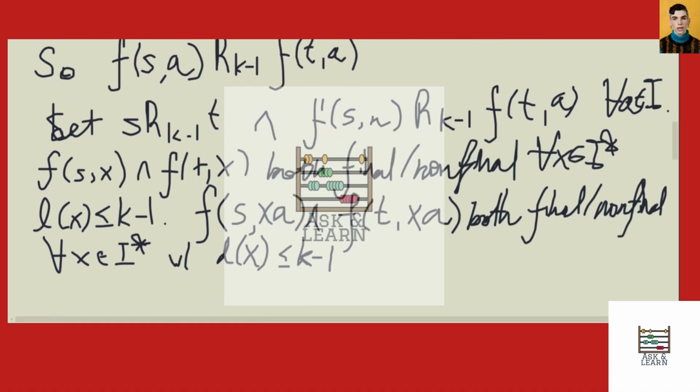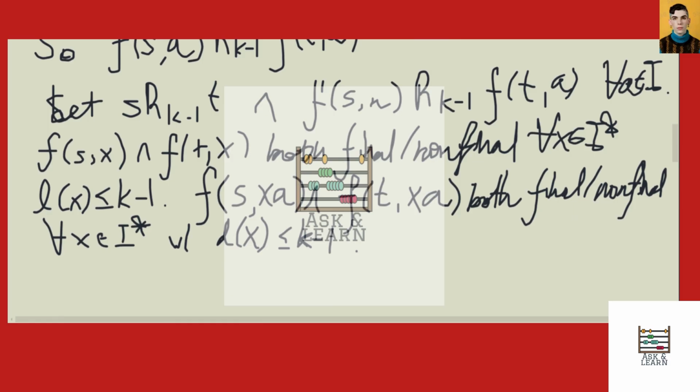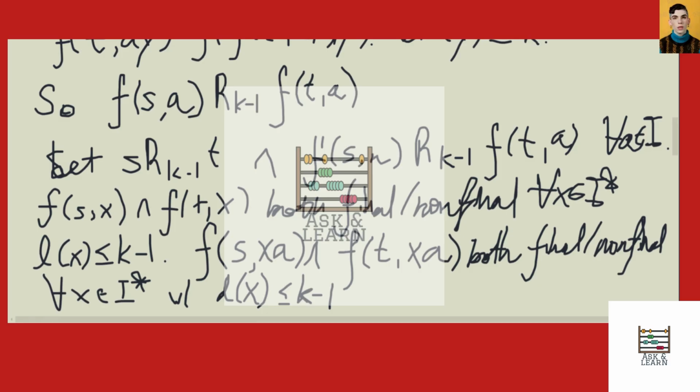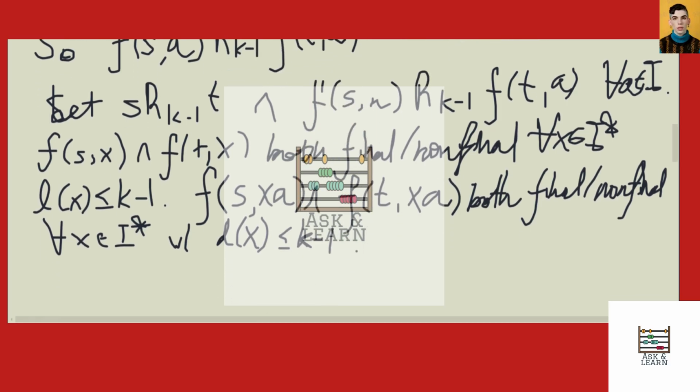This is because f of s xa is equal to f of s a x, and f of t xa is equal to f of t a x, and we know that those are k minus 1 related.